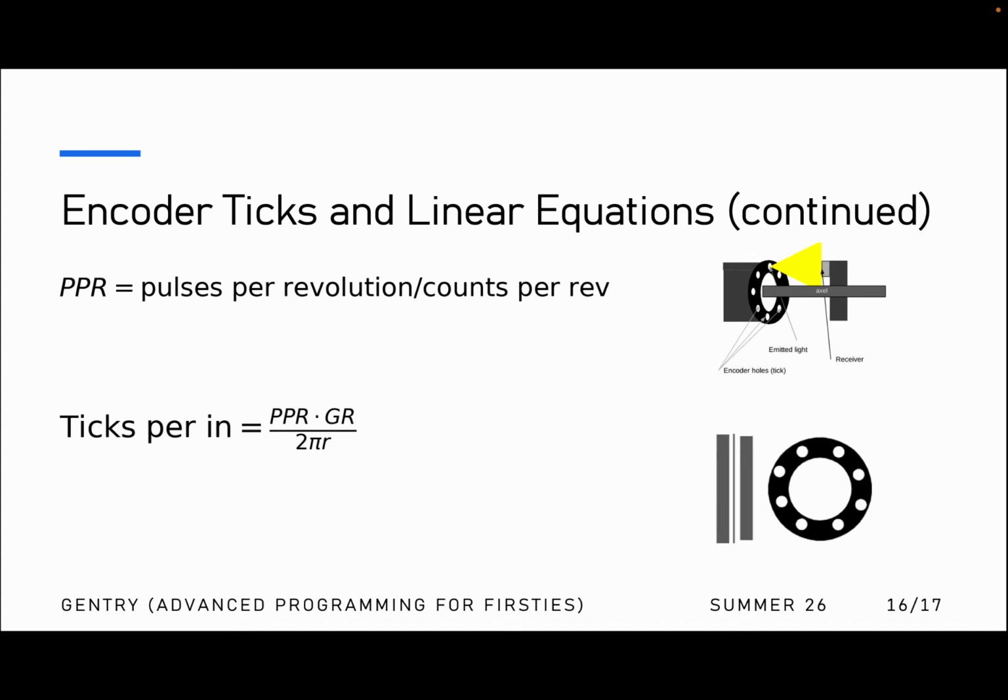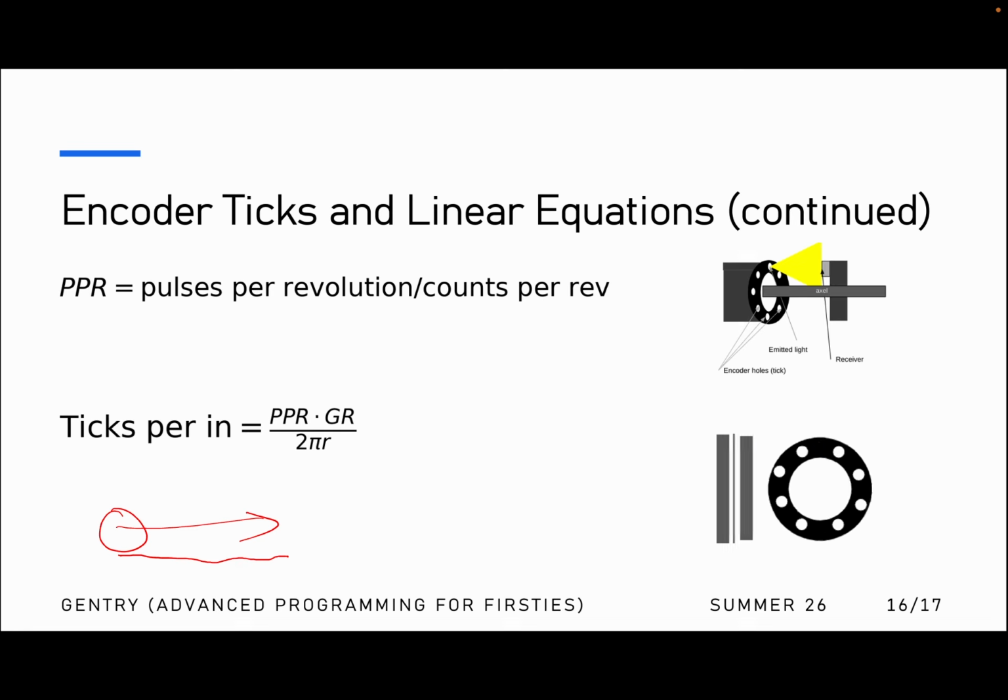So then how these encoders actually work for these linear equations is that we have pulses per revolution, which is always going to be the same. So we can always calculate the distance we've gone based on how many ticks we've passed, because it's always going to be a linear value. You can think of when we drive, right? When we have a circle, and let's just say that circle translates forward, we're drawing a path along the ground where that circle is bent.